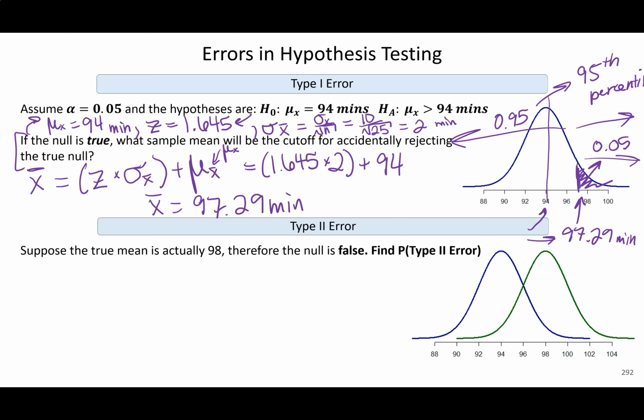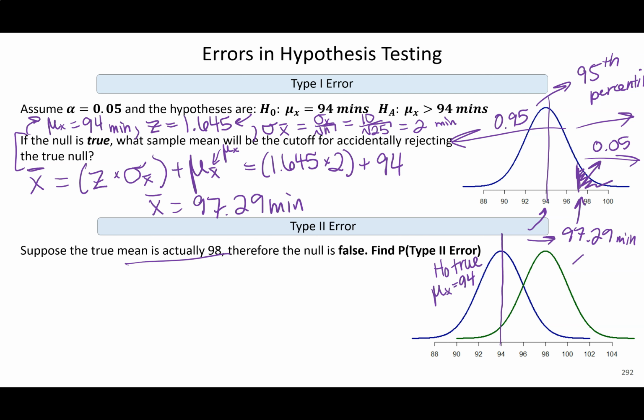So suppose the true mean actually is 98. So we're going to say, you know what, it's not actually 94. We know now it's 98. So therefore the null is false. Find the probability of type 2 error. So I'm going to explain these real quick. This right here, this is if the null is true, and mu is 94.